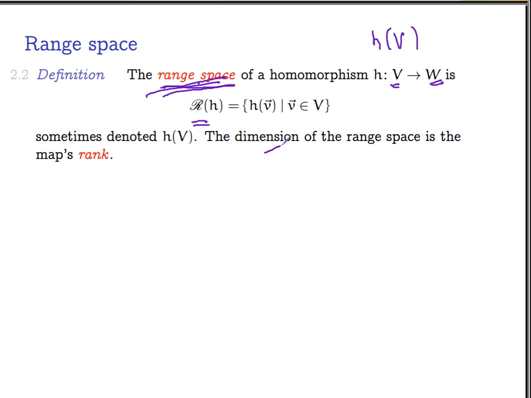Okay. The dimension of the range space is called the rank of the homomorphism. We're using here homomorphism and map interchangeably.